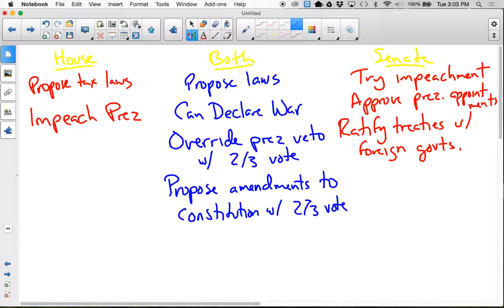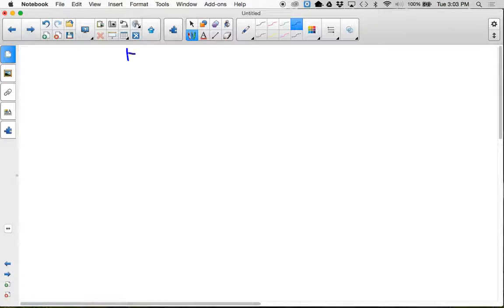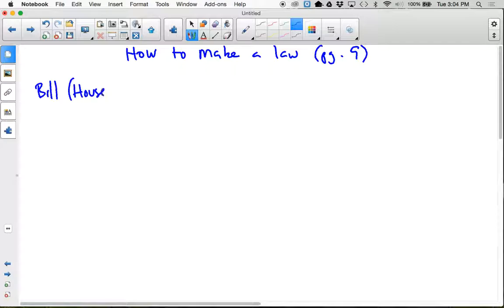Okay, so how to make a law. And this is found on page 9 in your packet. Okay? So the bill will start. A bill is what a law would be beforehand. Okay? It goes either in the House or the Senate. And we'll start ours in the House, just for argument's sake. You get a majority vote.